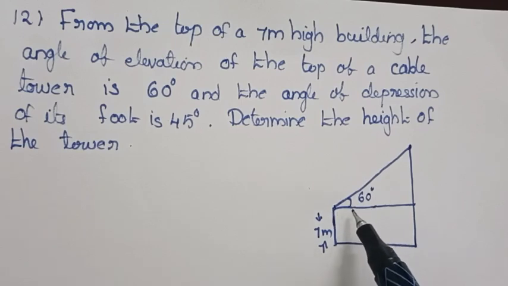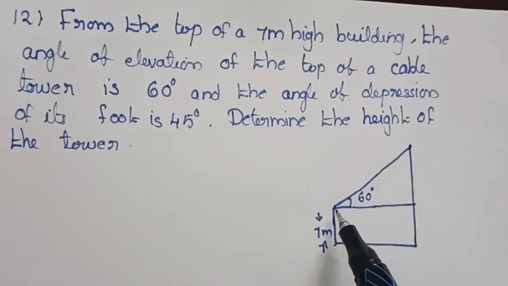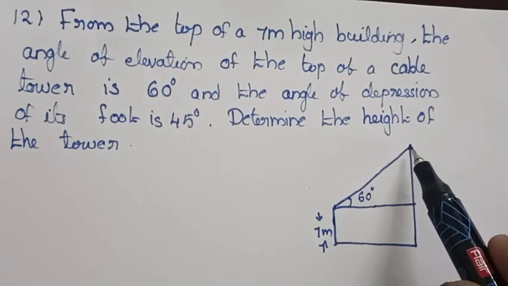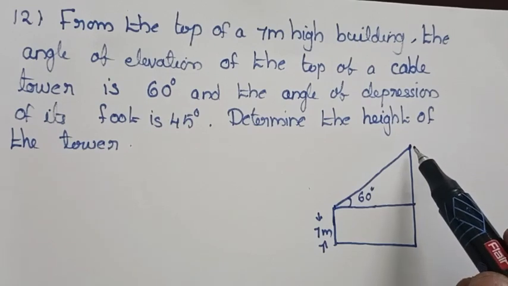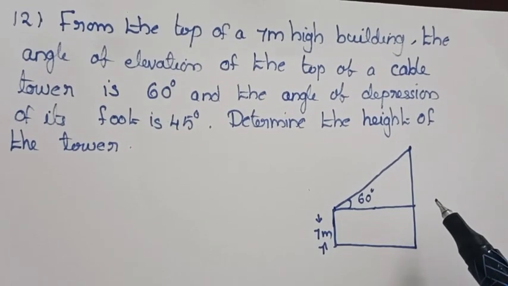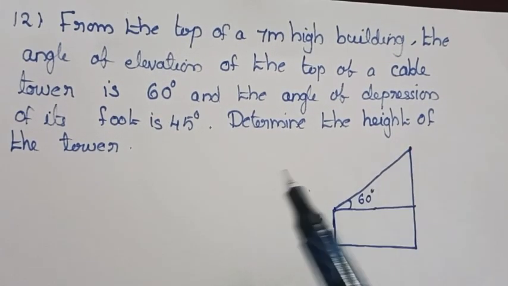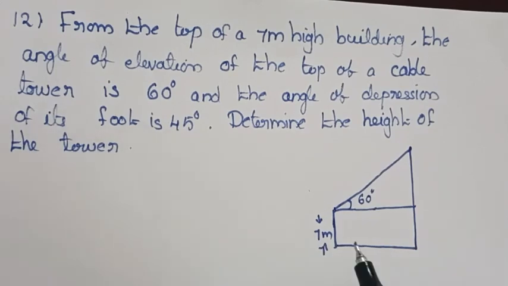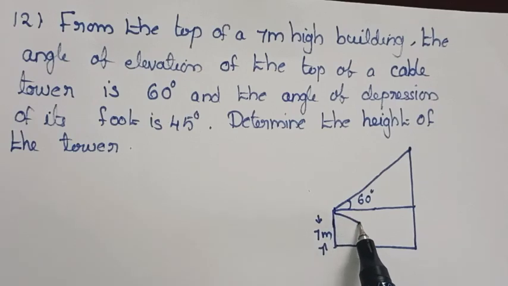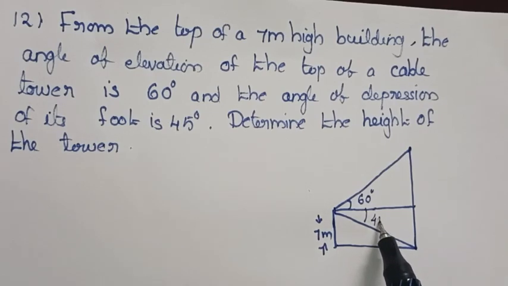From the horizontal line, the angle of elevation equal to 60 degree. And the angle of depression of its foot is 45 degree. From this point, from this horizontal line, the angle of depression of the foot of the tower is equal to 45 degree.